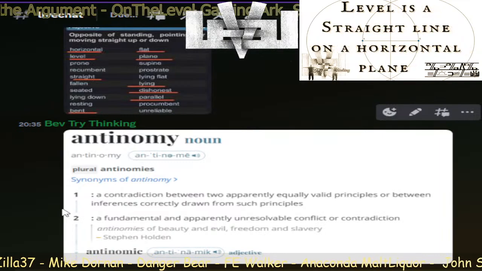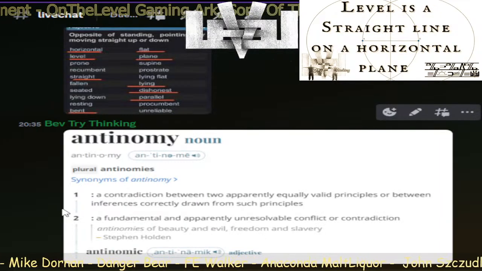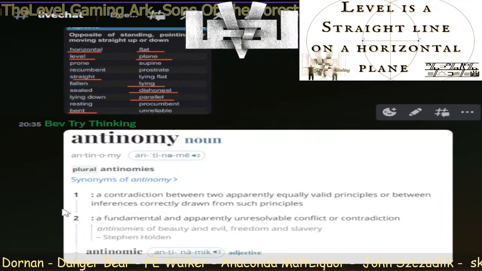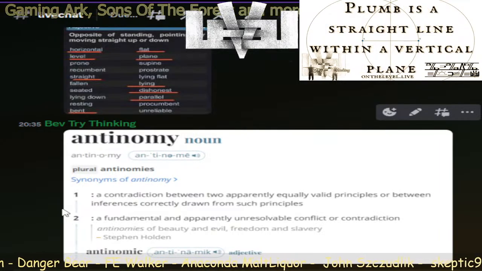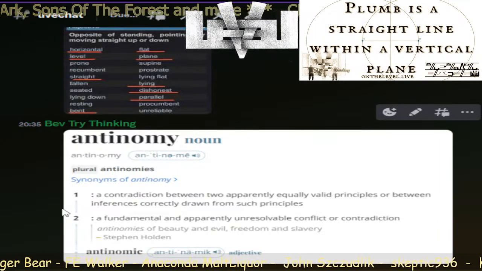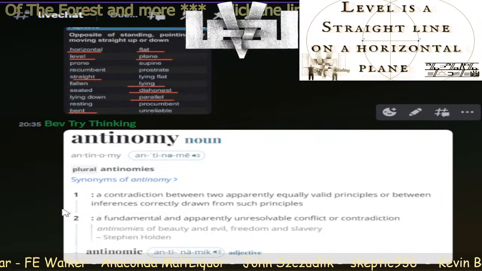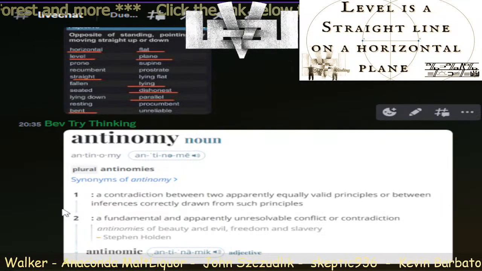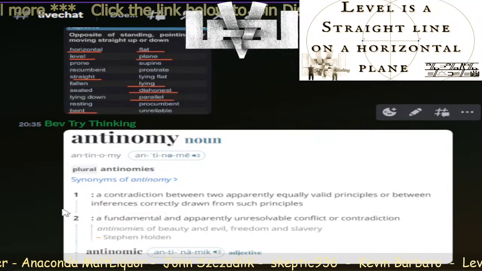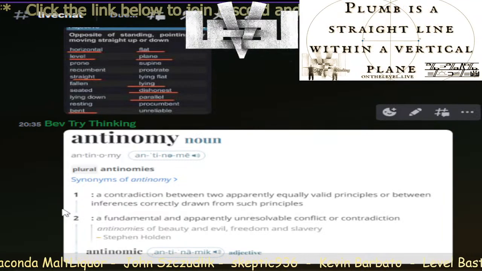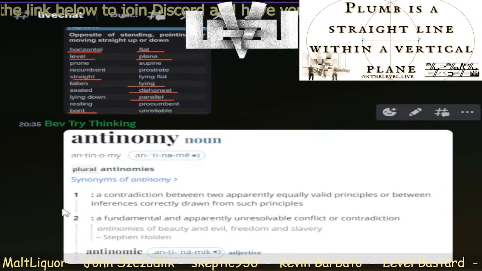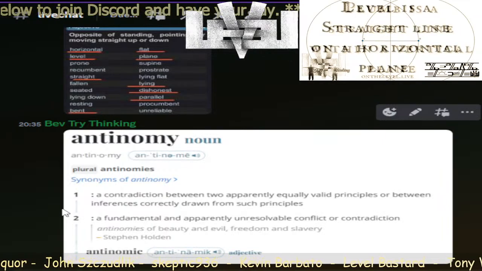You don't have to add flat to everything, Adam, right? Parallel is a definition within Euclidean. It's about straight lines on a plane. Flat's not mentioned. So parallel lines are straight lines that are lying within a plane and do not meet.